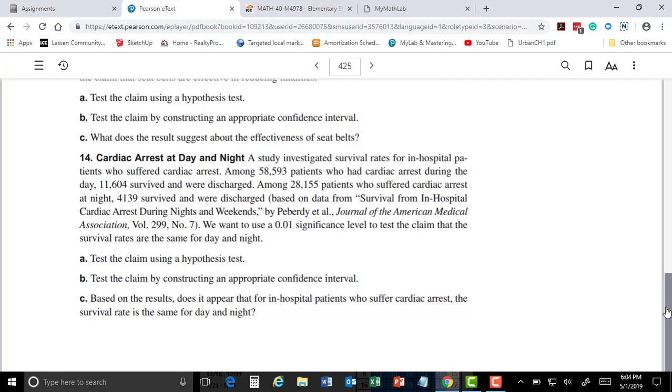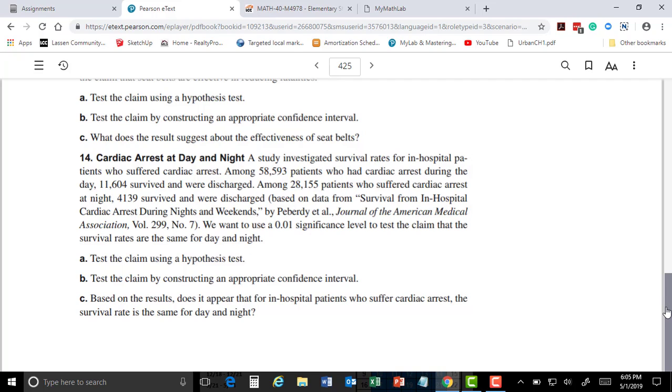That's like 20% survived. 20% of 60 would be about 12,000. You see what I'm saying? Okay. So among 28,000 who suffer from cardiac arrest, 4,000 of them survived and were discharged.